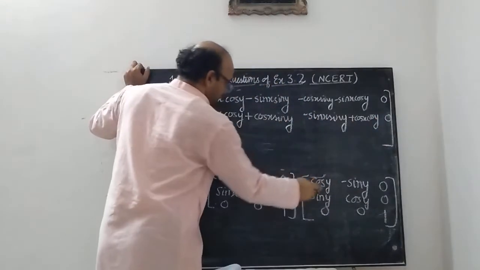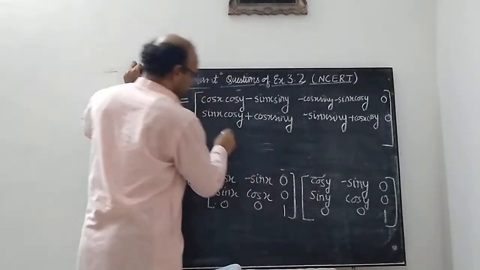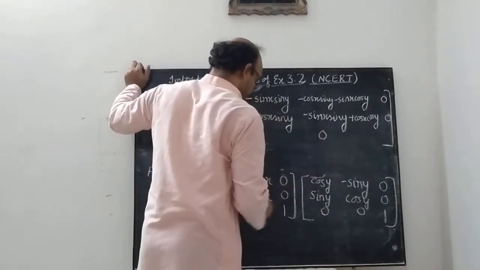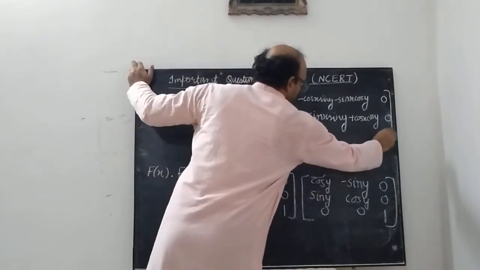Now 0 multiplied by this and this will be 0. Again we get 0 over here, and this will give you 1 over here.